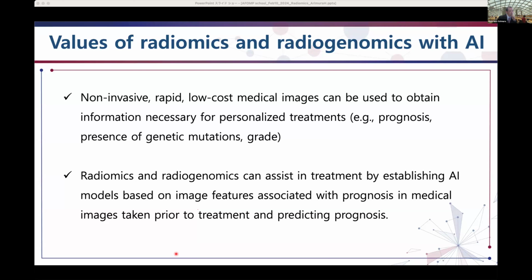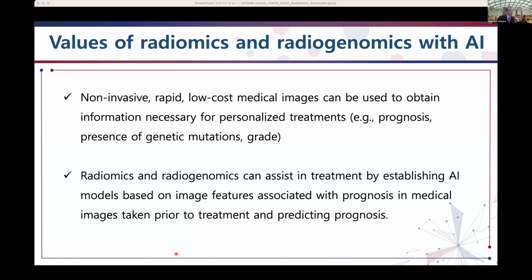I think maybe there are some reasons, for example, the stability or the reproducibility of the images and also of the radiomics features.